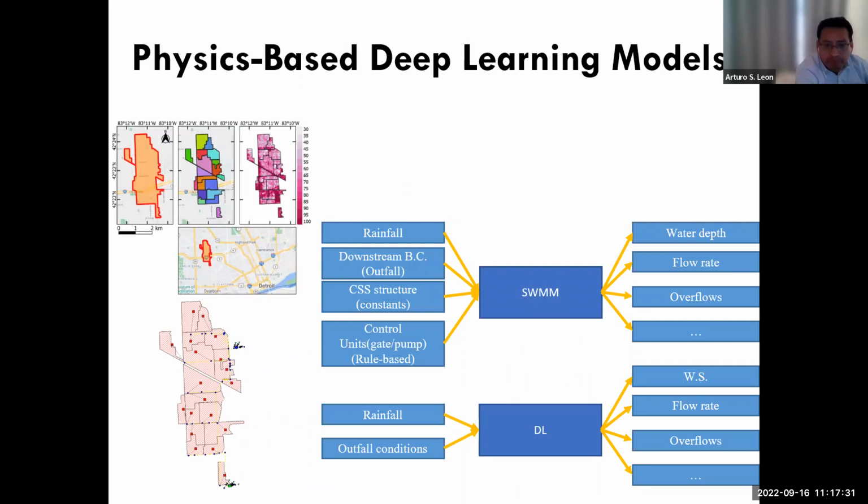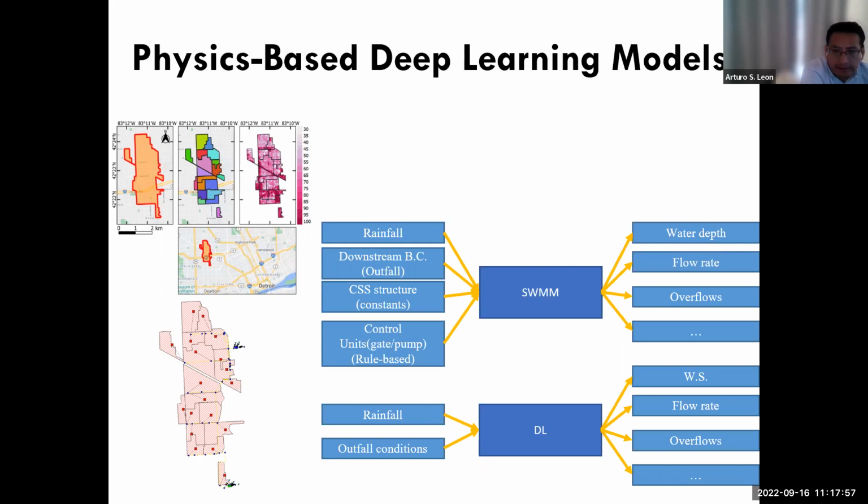The idea is to use physics-based deep learning models, combining a machine learning model with physics-based modeling. In this case, we use the SWMM model, the EPA's Stormwater Management Model, as our simulation model, and we also use field data provided by multiple municipalities.